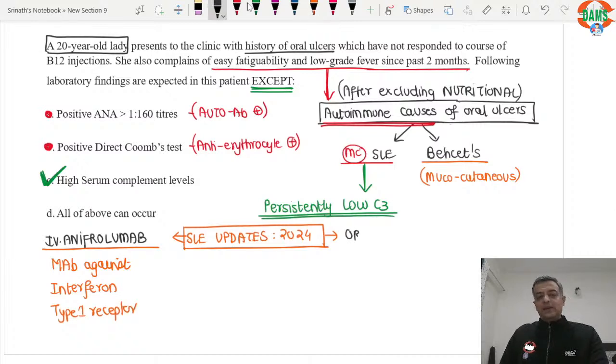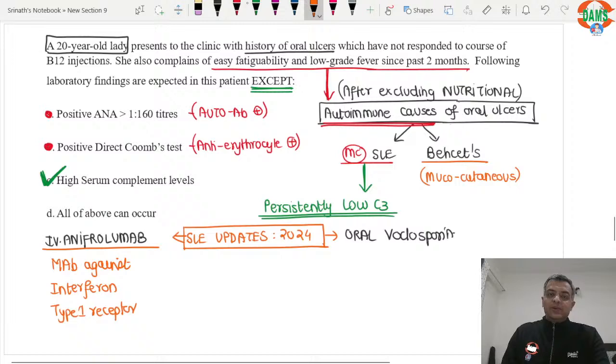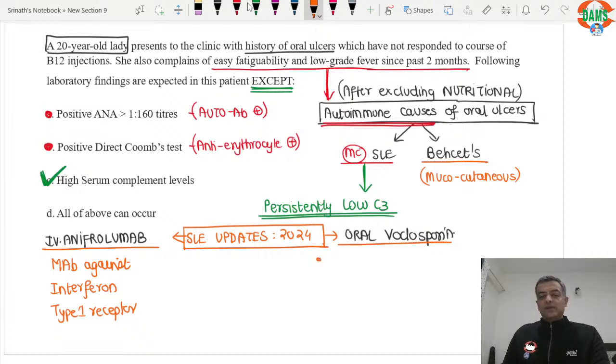And the other drug that has come is oral voclosporin, a calcineurin inhibitor. This can be given for maintenance in severe cases.